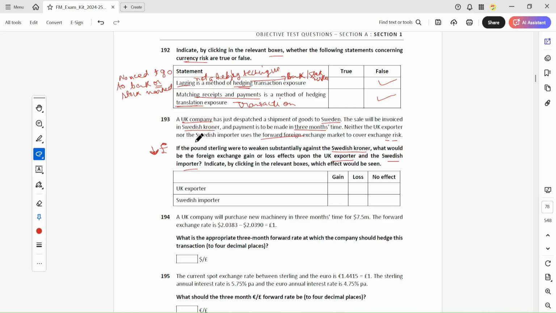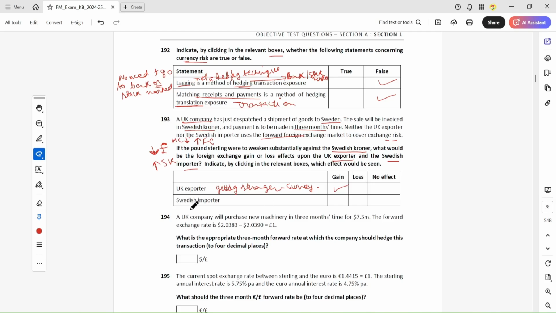So the Swedish krona will increase, which means they are getting a stronger currency, so it is a gain for the exporter.